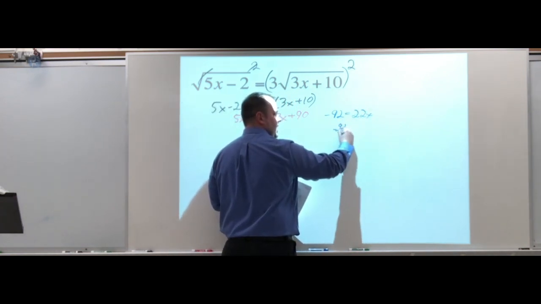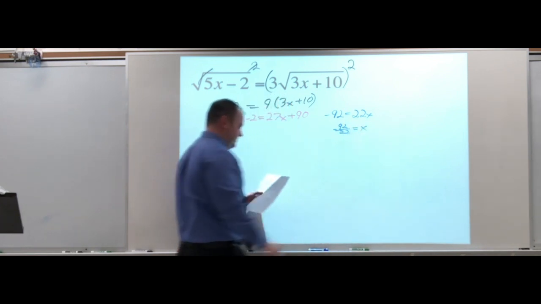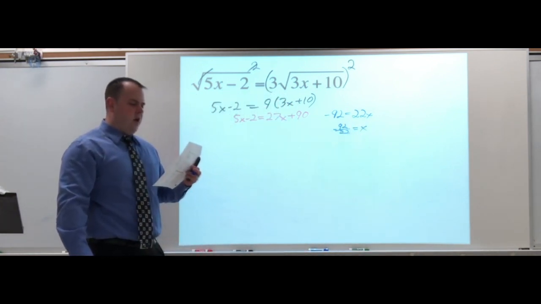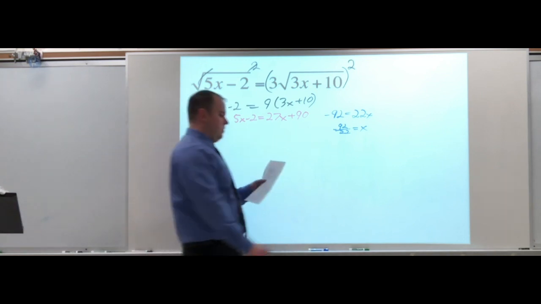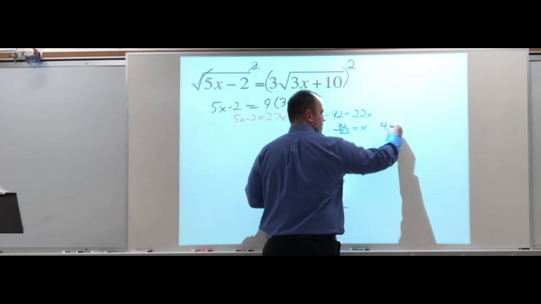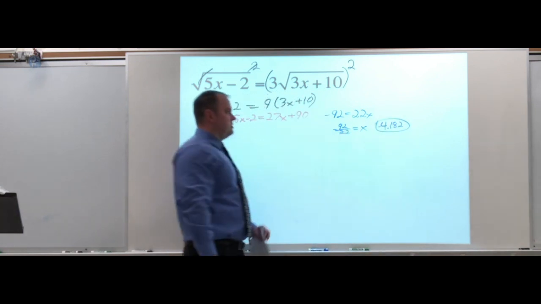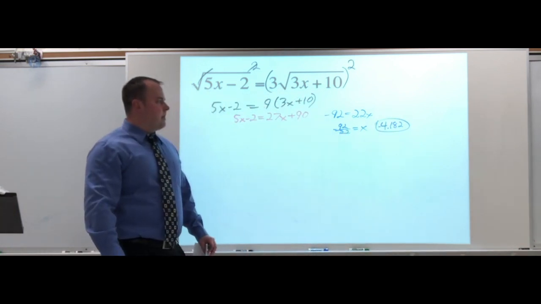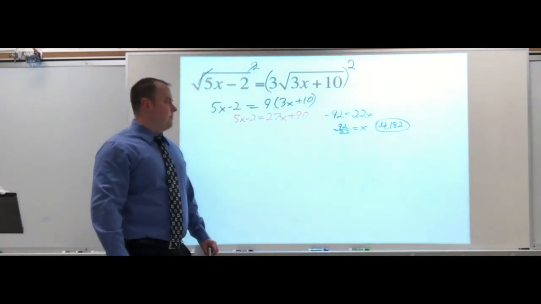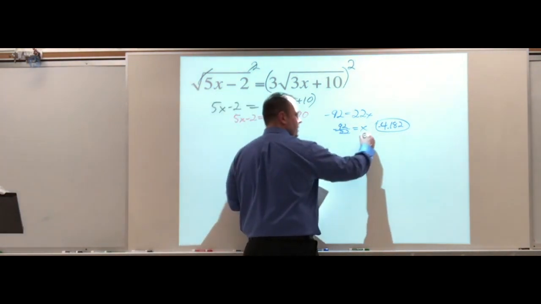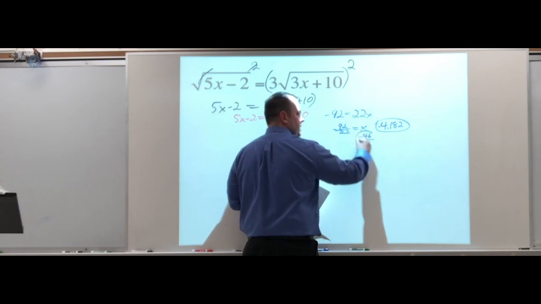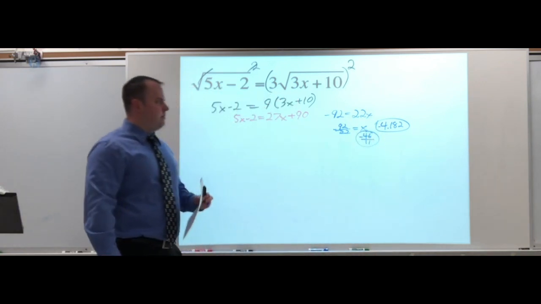Negative 92 divided by 22 equals x. And to simplify this, I have it as negative 4.182. Or you could simplify it as a fraction, which would end up being negative 46 over 11. So either one of those would be acceptable.